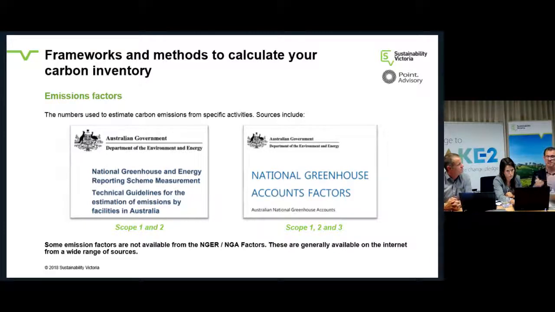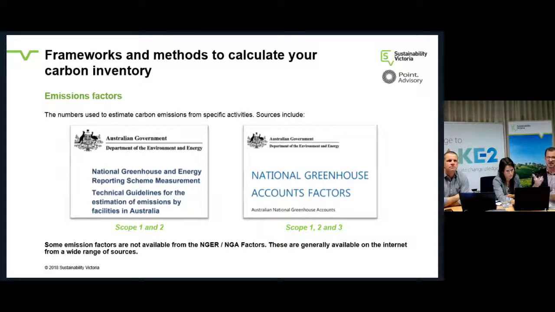One example where they're incorporated within the same framework is NGA. NGA has detailed guidance on how you set your boundaries, what gases you're required to report, all that kind of thing. It also has the NGA measurement determination, which we just talked about, which has the actual calculation methodologies and the emissions factors themselves.